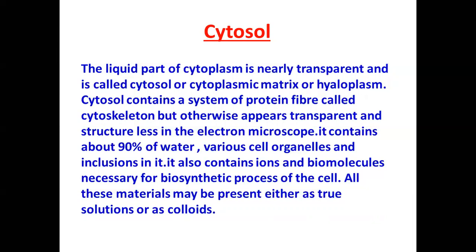It contains about 90% of water, various cell organelles, and inclusions in it. It also contains ions and biomolecules necessary for biosynthetic process of the cell. All these materials may be present either as true solutions or as colloids. Clear?